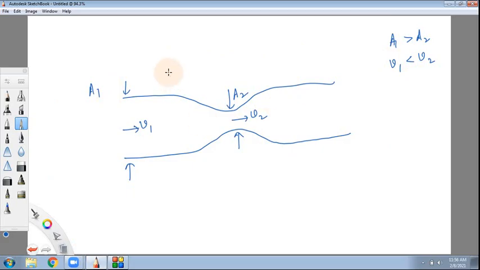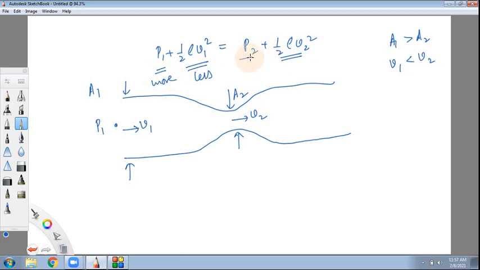Then if I use Bernoulli, P1 plus half rho V1 square is P2 plus half rho V2 square. Because V1 is less than V2, this term is less compared to this term, so the pressure P1 has to be more compared to the pressure P2.